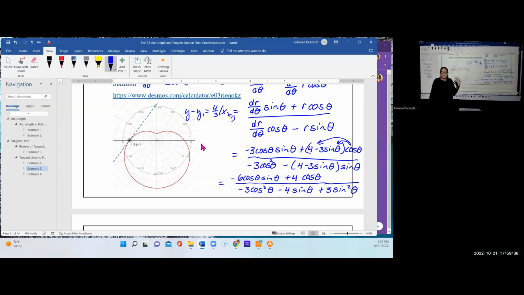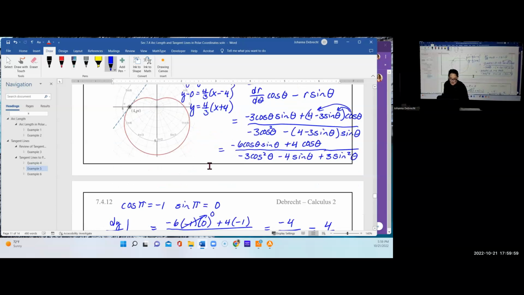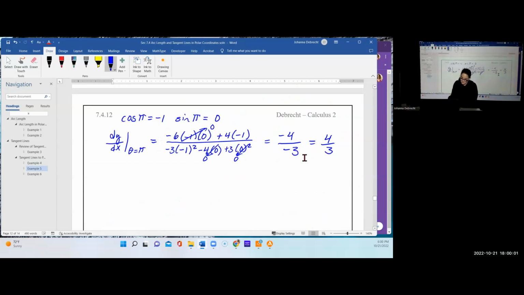So you could just get it directly from the graph, but we can also plug it in and find it. So this gives us y minus 0 equals 4/3 times x minus a -4, which gives us y equals 4/3 x plus 4.